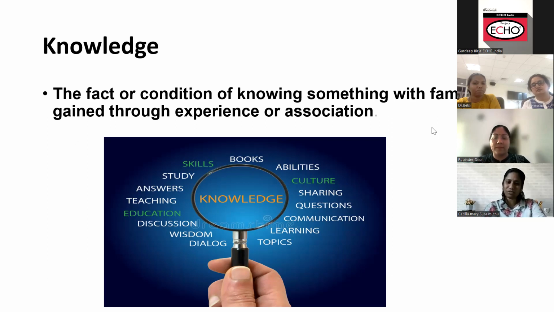The various sources of acquiring knowledge are books, the skills that we learn, studying resource materials, teaching, education, and there are different ways. Even communication with our teachers or juniors, or communication with the patients gives us a learning experience. It helps us to acquire the knowledge.